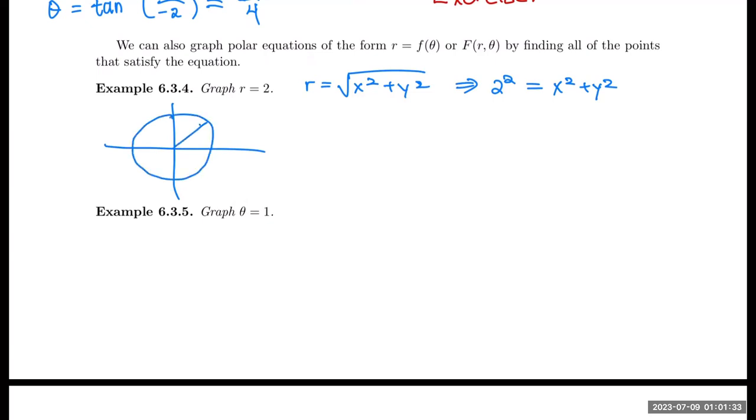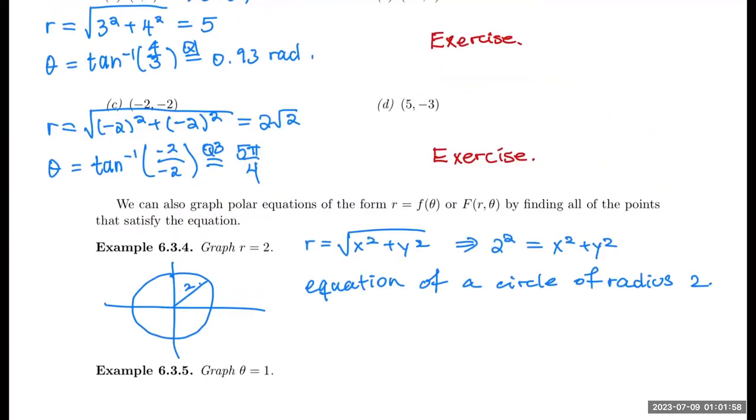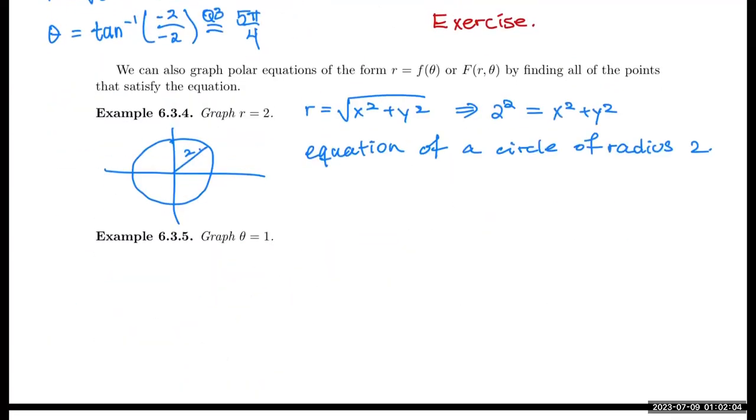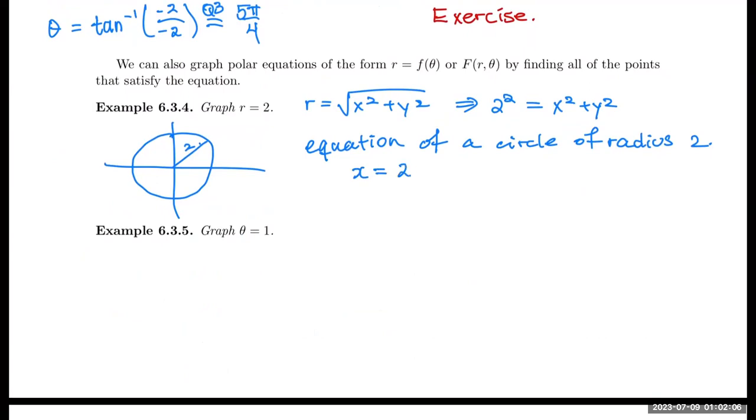So that's your circle. You have a radius of 2. It's the equation of a circle of radius 2. Okay. Now, if you want to see this a little bit cleaner, using the polar coordinates, observe that x is equal to r cos theta, or 2 cos theta, and y is equal to 2 sine theta.